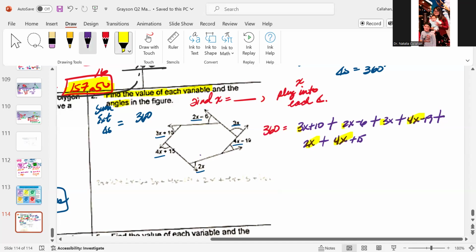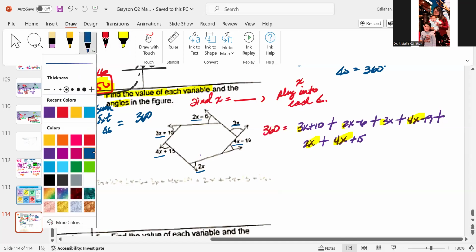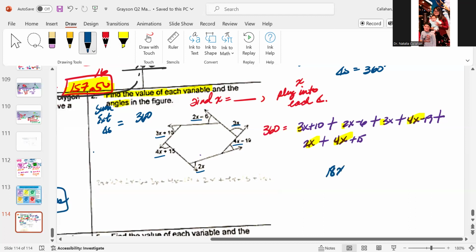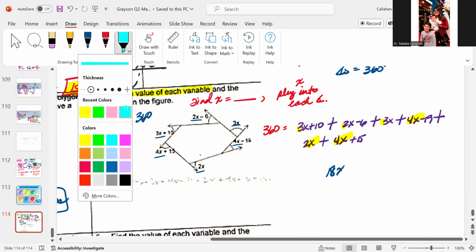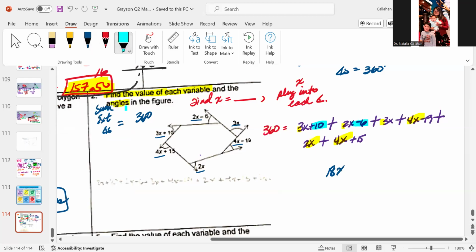Add those x's together. And when you're done with that, add all the numbers together. Negative 14.